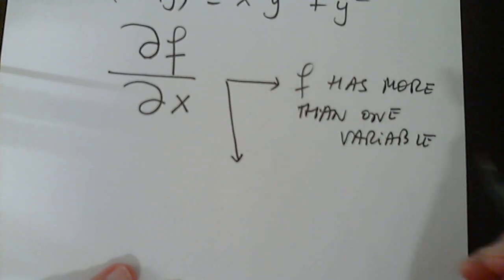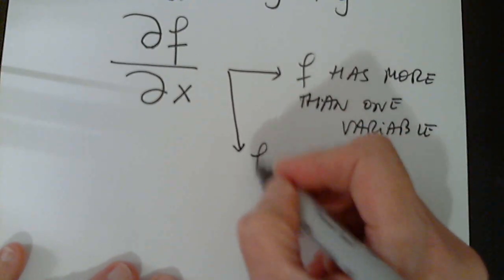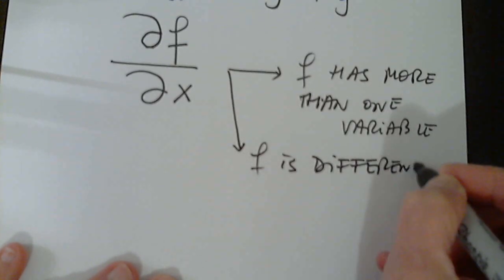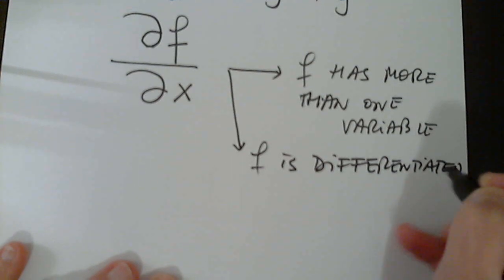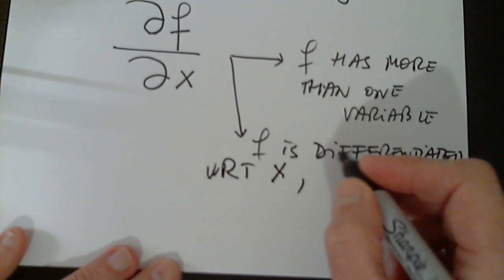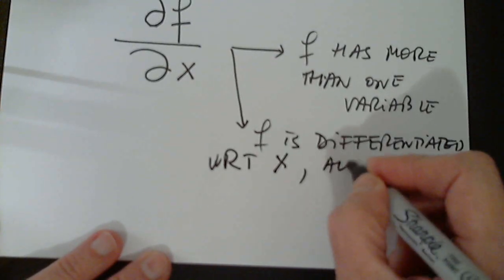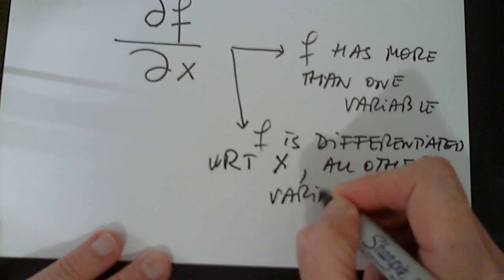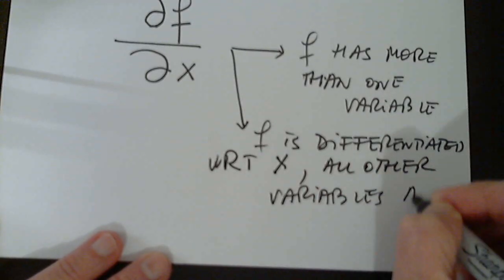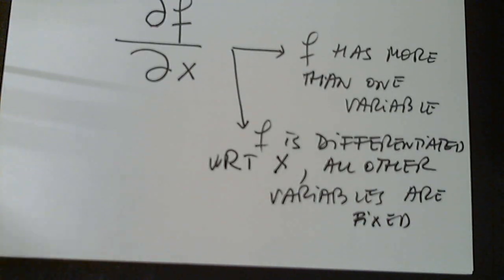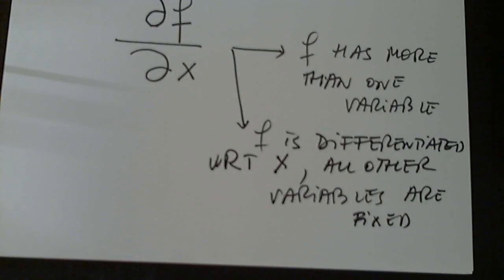And this also means f is differentiated with respect to x. Everything else is fixed. All other variables are fixed, meaning they have to be treated like they are constants.